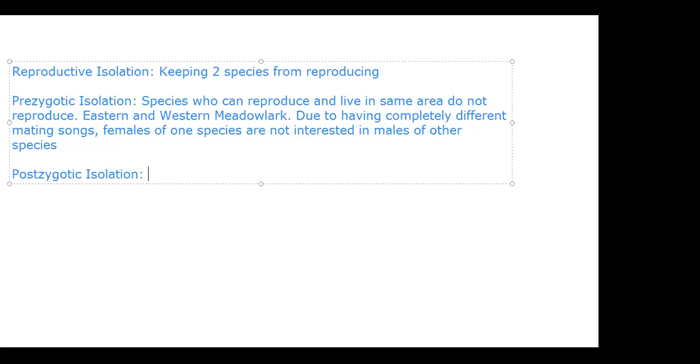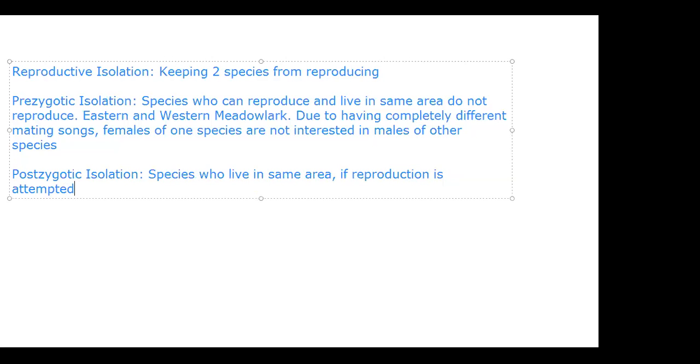So this will be species who live in the same area, and if reproduction is attempted, one of two things will happen if two different organisms who are not really able to reproduce with one another try.